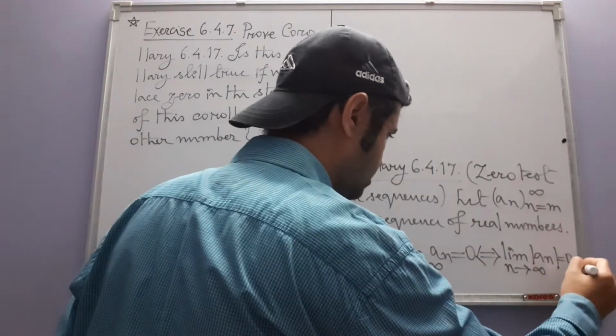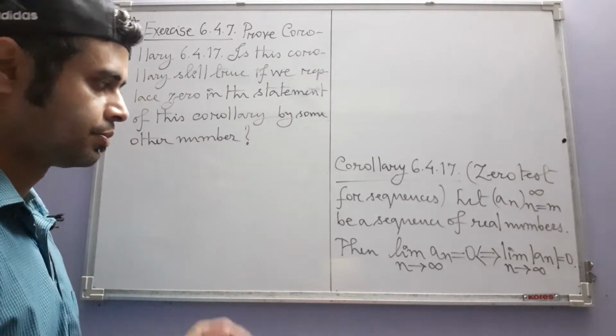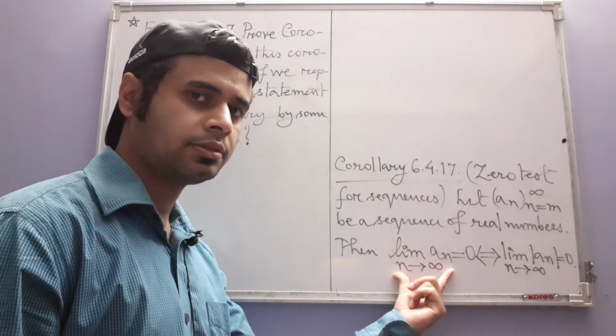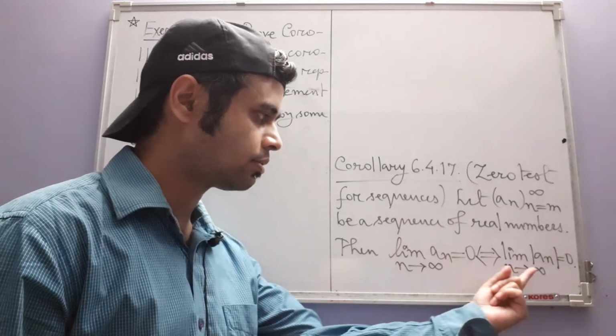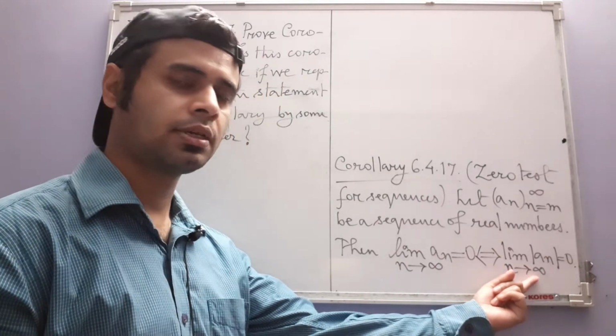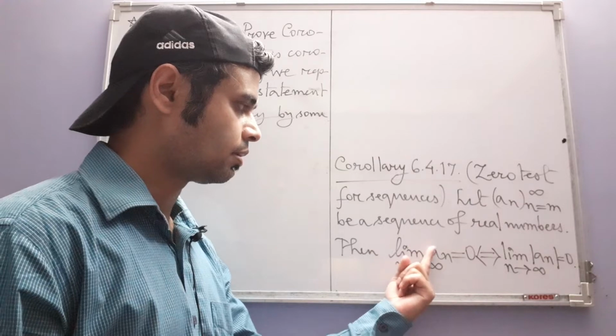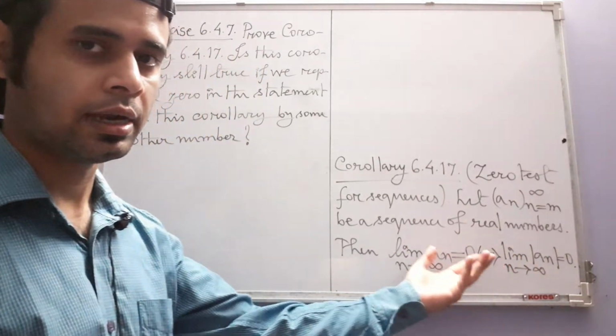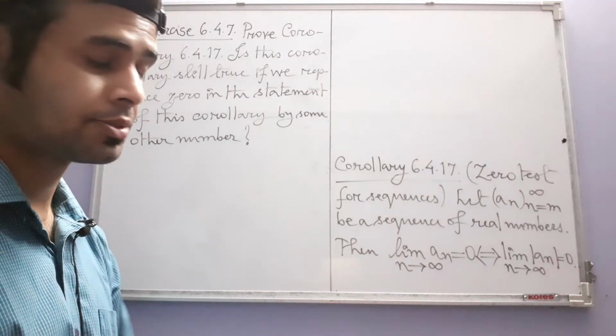The exact statement says this: then this limit exists and is 0 if and only if this limit exists and is 0. The sequences differ by having and not having that absolute value.